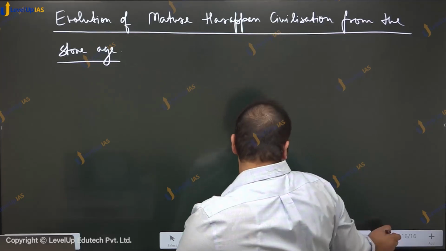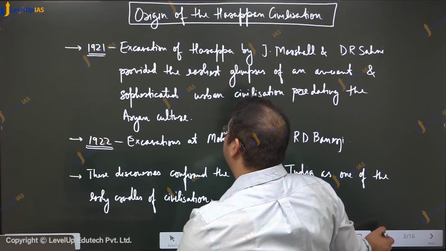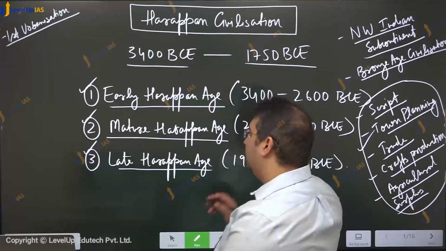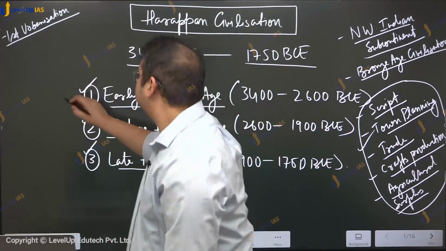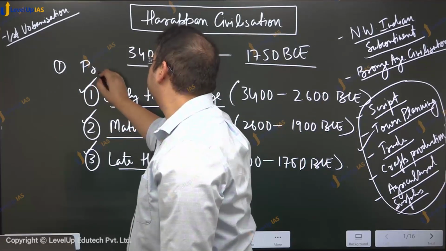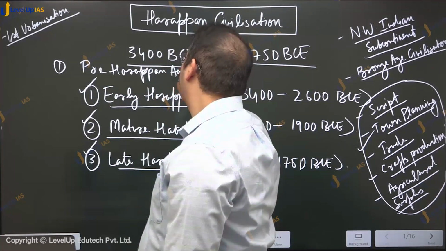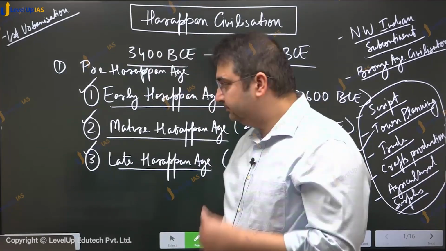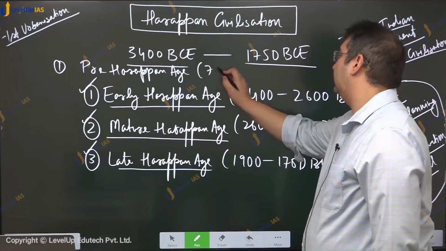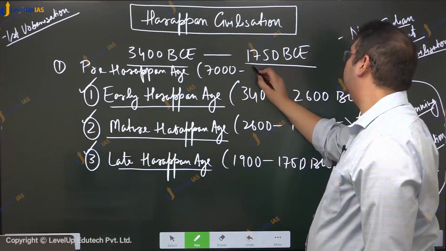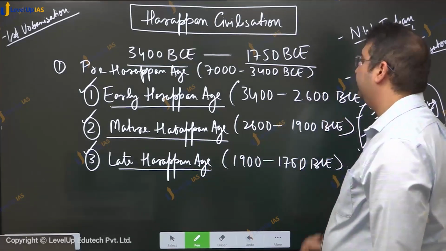कौन कौन सी stages हैं? Write down. Pre-Harappan age, that is 7000 to 3400 BC.